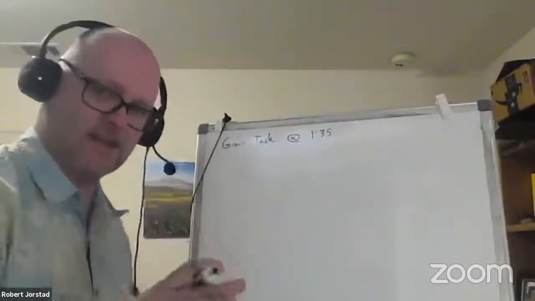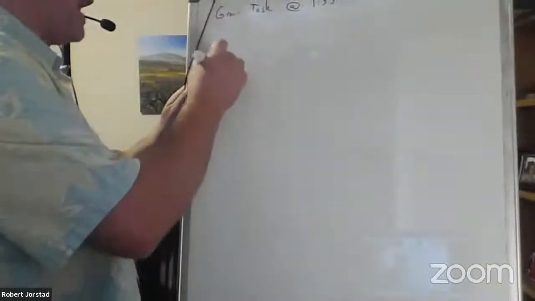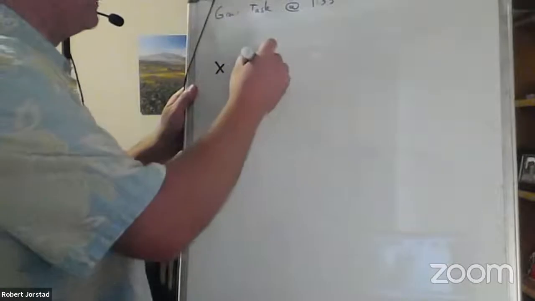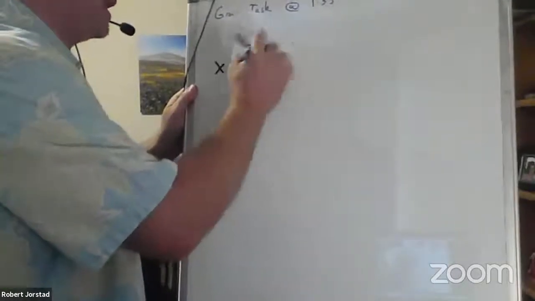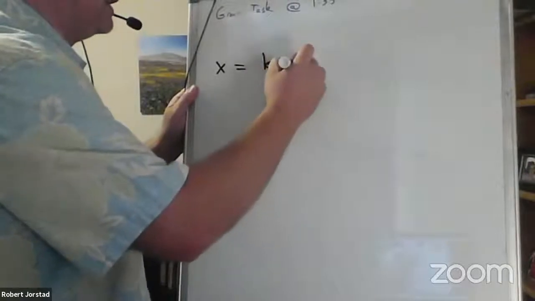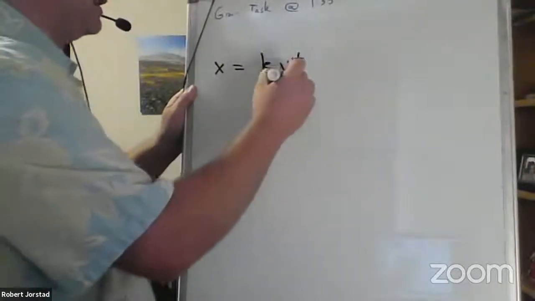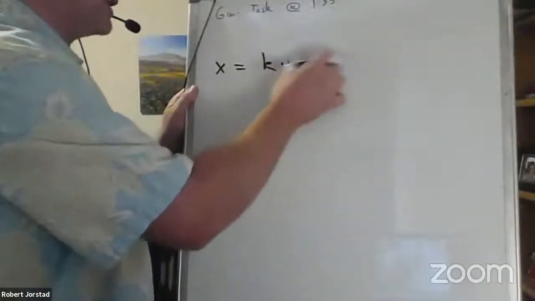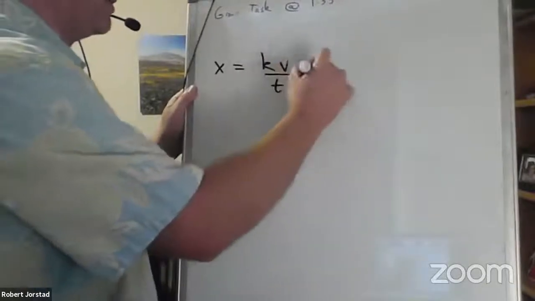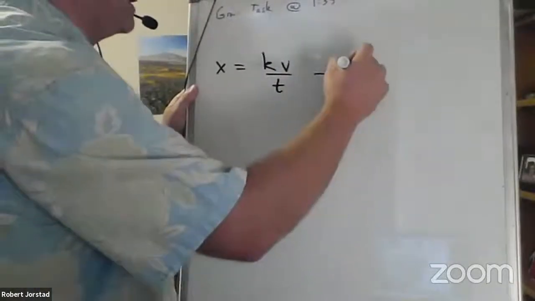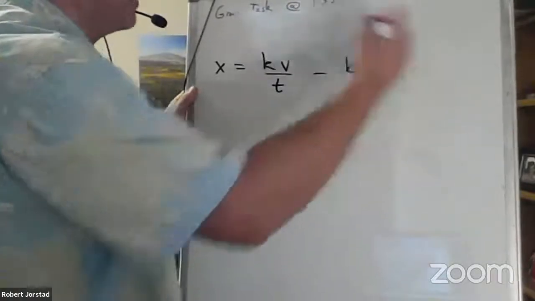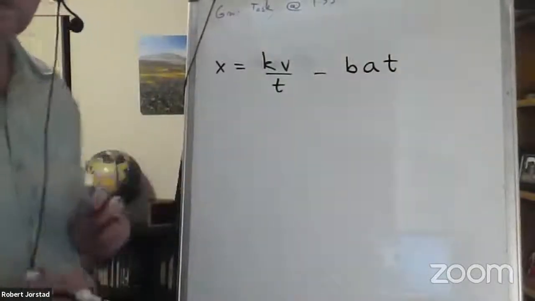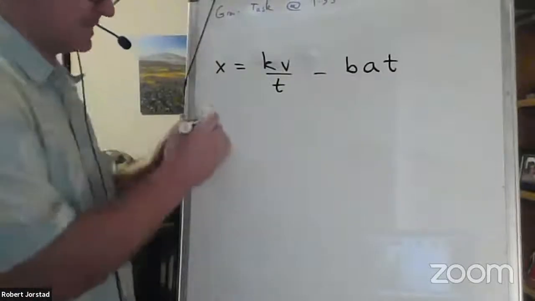You've got that extra handout, but here's an example just to see if you know what you're doing. Let's say x equals a k v t. How about kv over t minus b a t. All right. So let's say we have an equation like this.